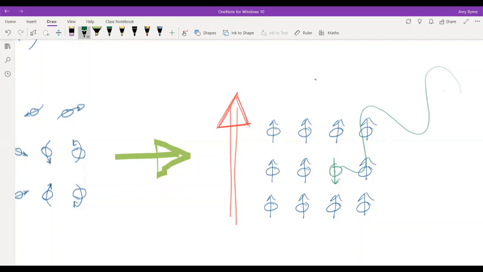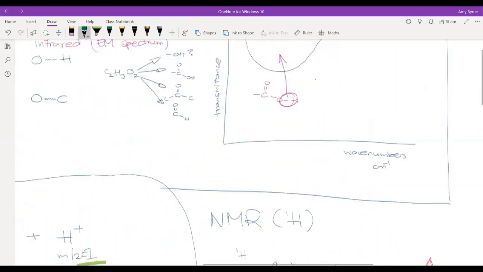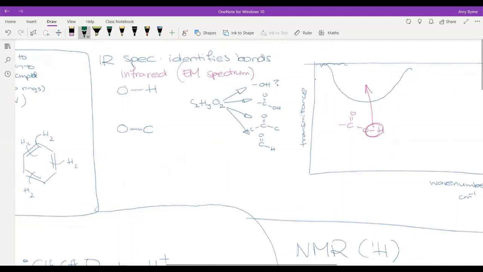Now, IR spec and NMR have some big advantages. I can recover the sample.